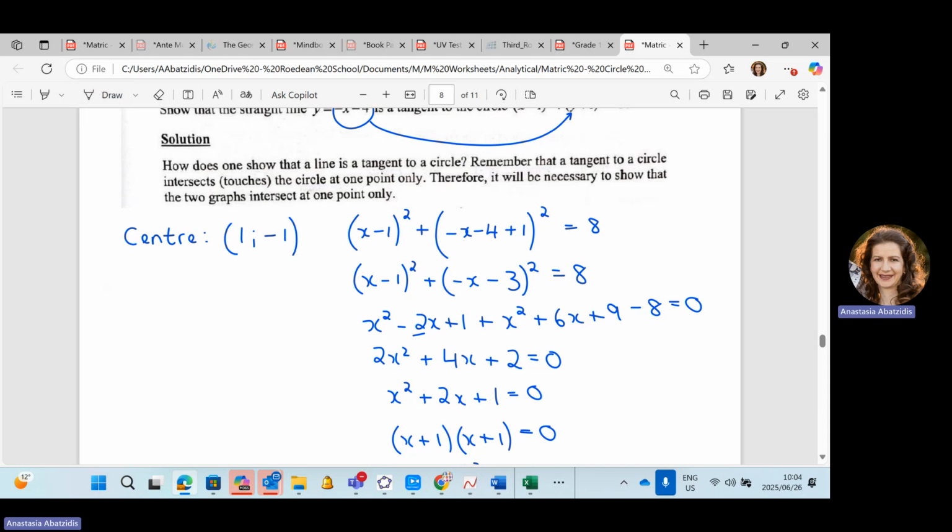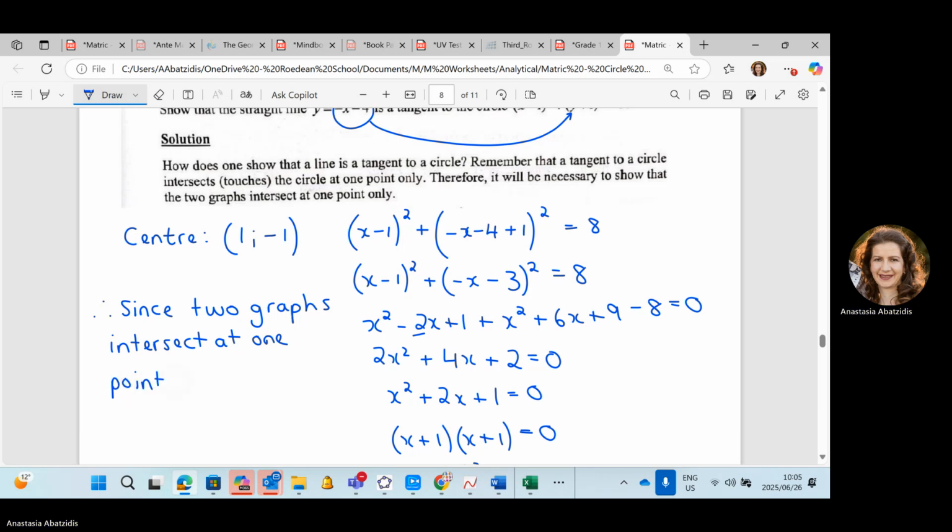So we say, since the two graphs intersect at 1 point only, y equals negative x minus 4 is a tangent.